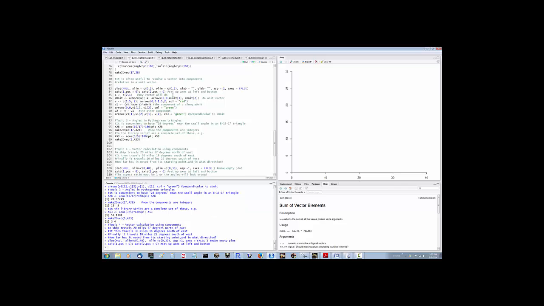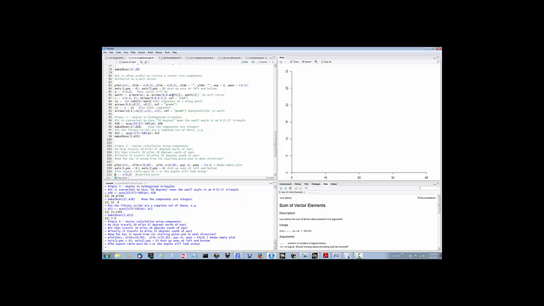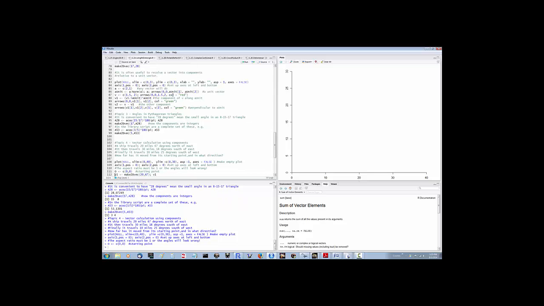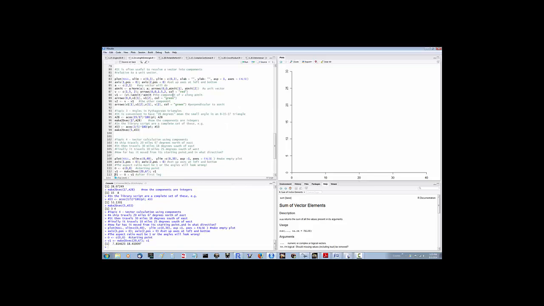Let's make an empty plot that will hold all the vectors. Got to make sure the aspect ratio is equal to 1. Our starting point is 0, 0. We'll call that O. And now I will make an element of R2 from the length of 20 and the angle of 67 degrees.